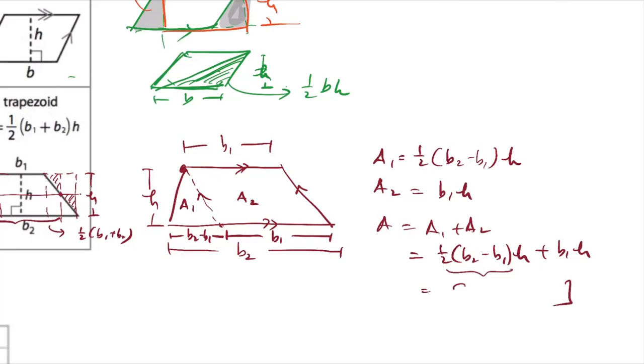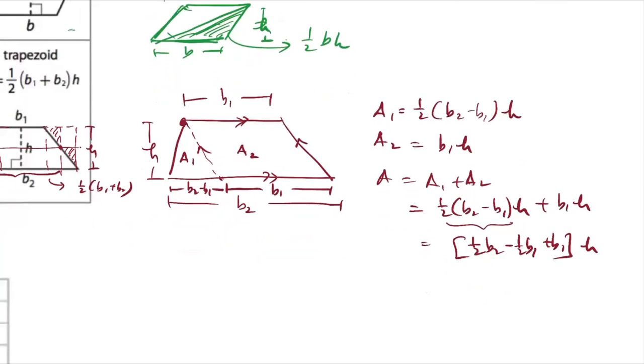When you do that, that's 1/2 B2 minus 1/2 B1 plus B1. But when you look at this part, it's equal to positive 1/2 B1. So now we're going to factor out the 1/2. So therefore, the area is (B1 plus B2) divided by 2 times the height.